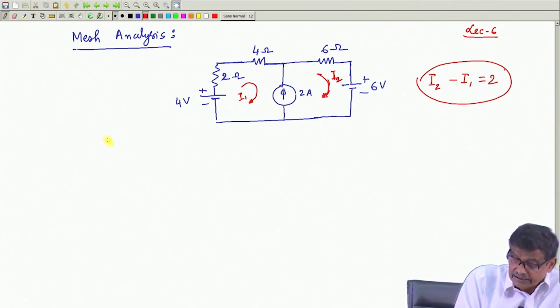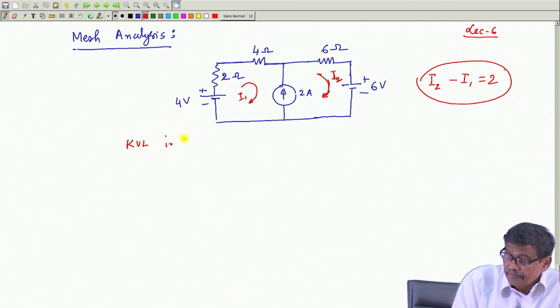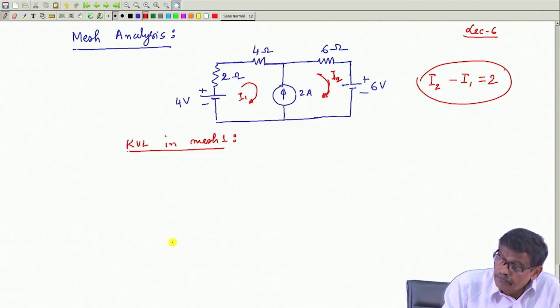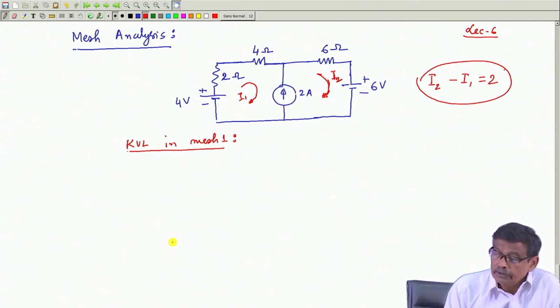suppose I attempt to write down the KVL equation in mesh 1. It will be, as we have learned, the sum of all the voltages in this loop has to be 0.